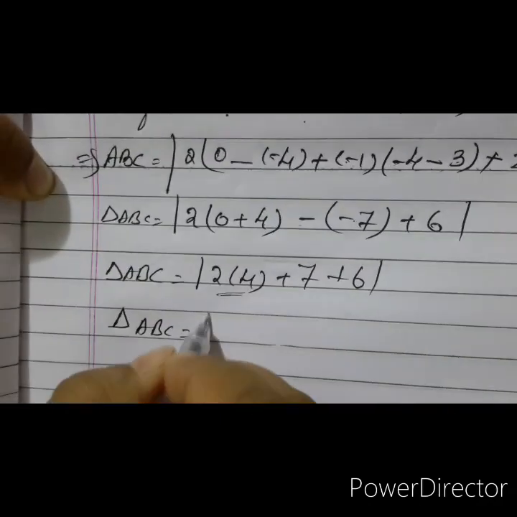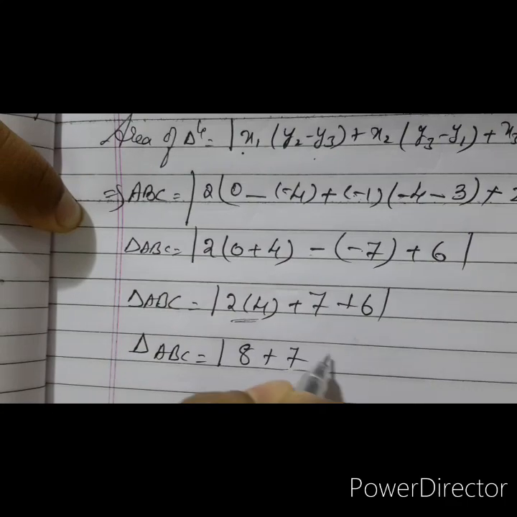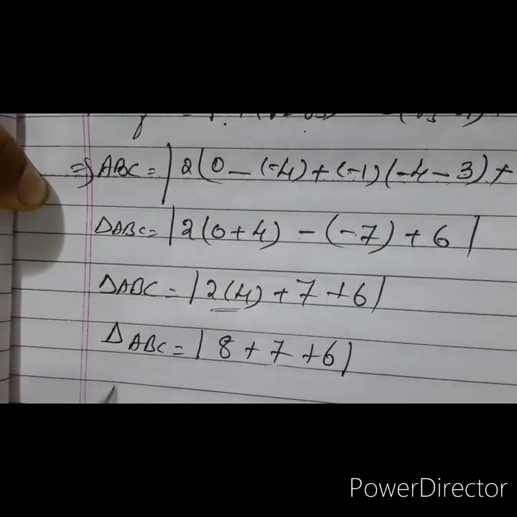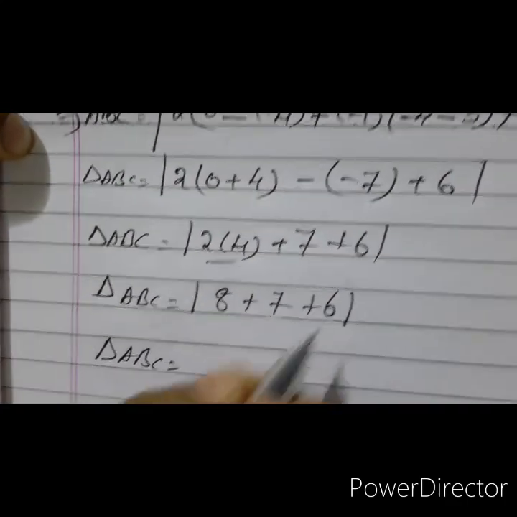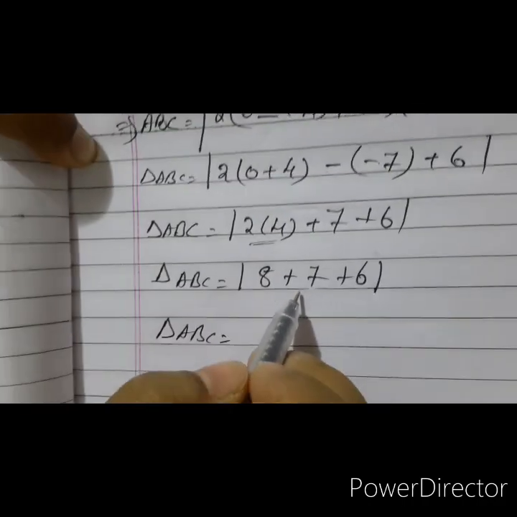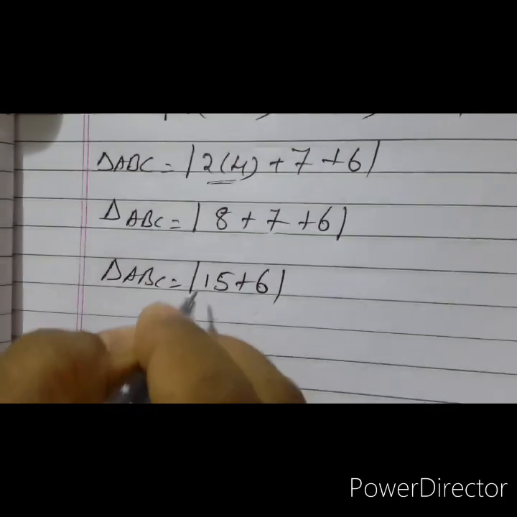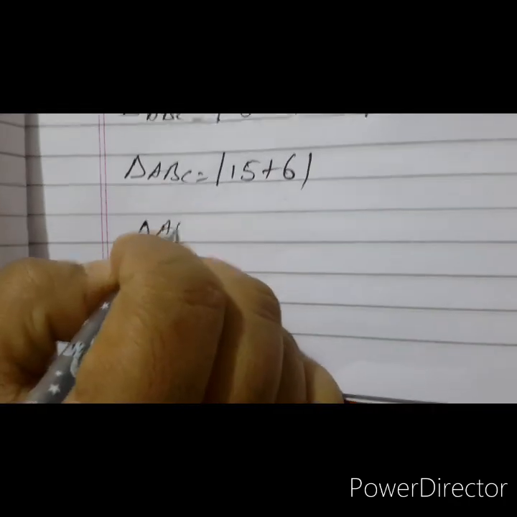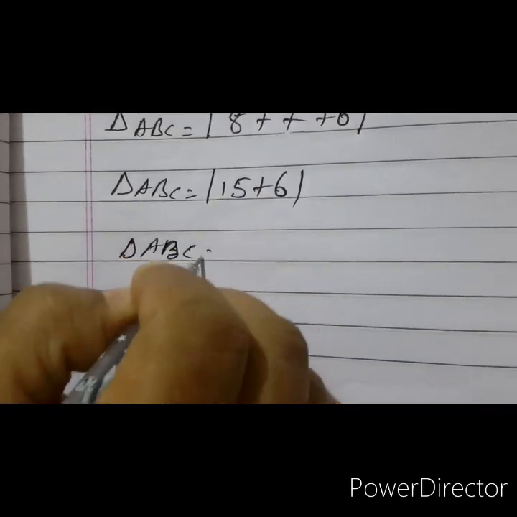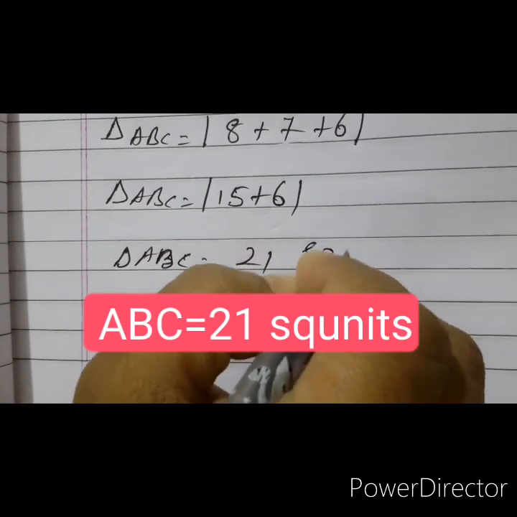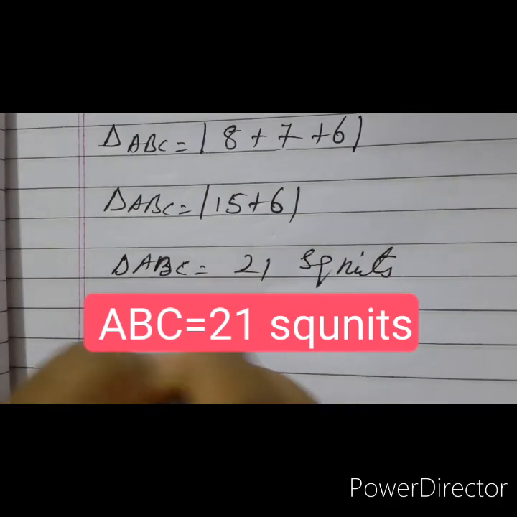Multiply these two, you will get 8 plus 7 plus 6. Now add: 8 plus 7 is how much? 15. 15 plus 6, area of triangle ABC equals 21 square units.